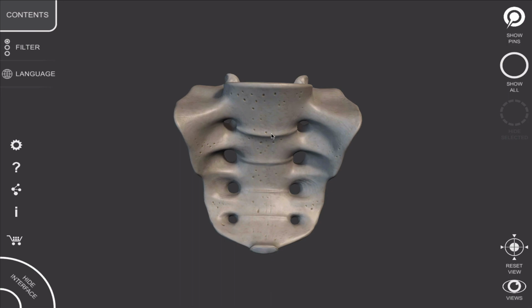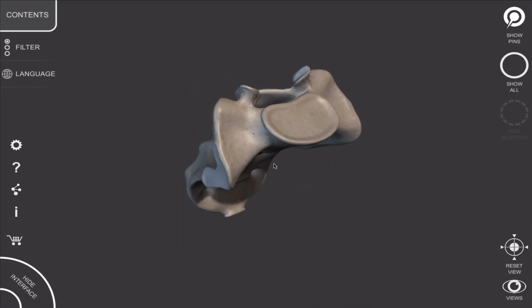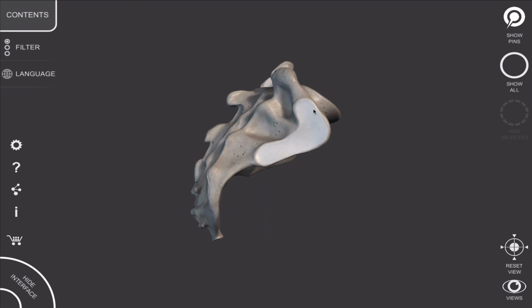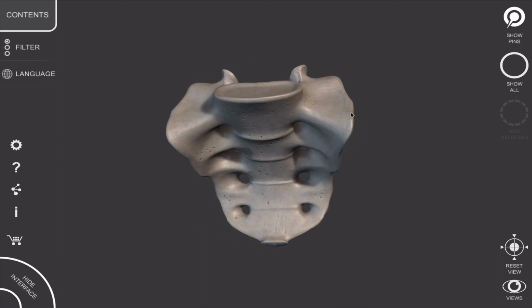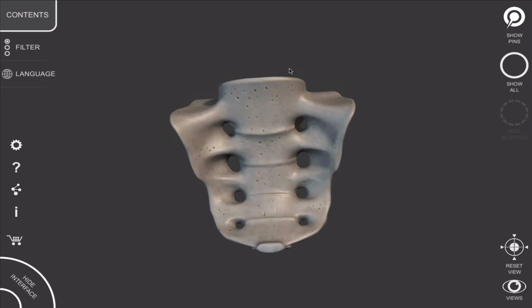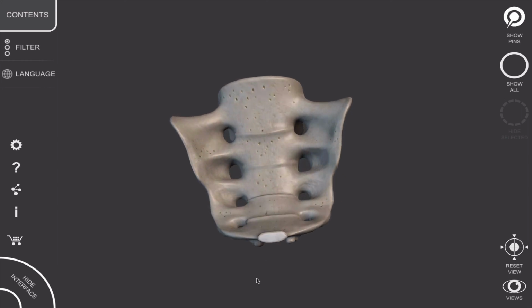You can also see that there is a joint surface on the side that will articulate with some of the bones of the pelvis that we'll learn in the lower extremity. And there's a joint surface on the bottom here that will articulate with the coccyx that we'll look at next.